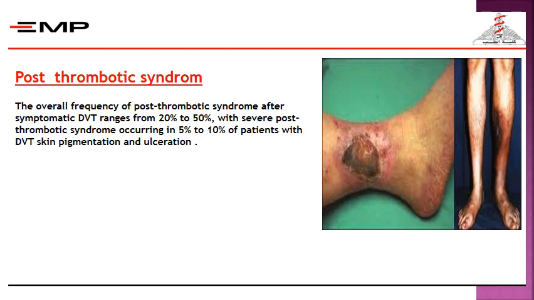The overall frequency of post-thrombotic syndrome after symptomatic DVT ranged from 20 to 50%, with severe post-thrombotic syndrome occurring in 5 to 10% of patients with DVT, with skin pigmentation and ulceration.